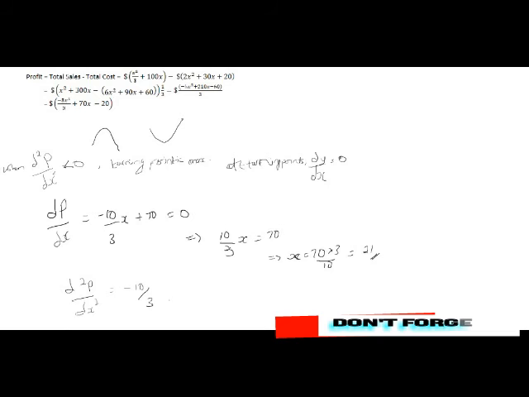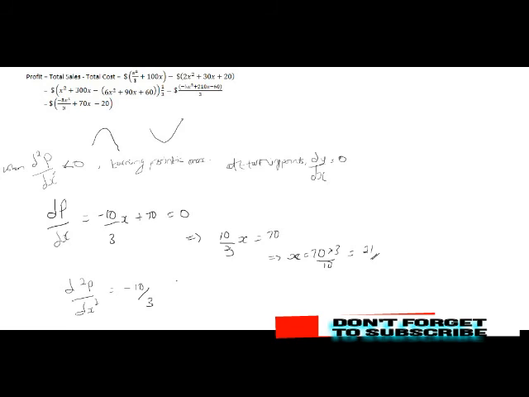And of course, this is less than 0, so this is confirming that we are actually on the right track. So the question asks us to find the value of x which gives the greatest profit, and we have found that it is 21. Then we're asked to find this profit.